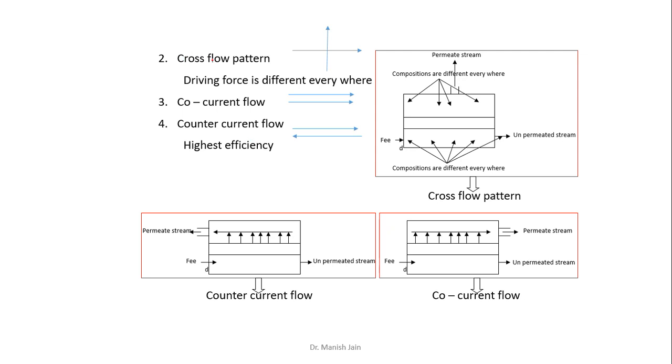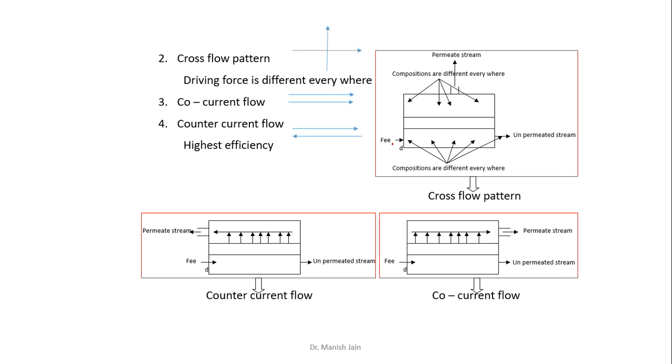Now the second type of flow pattern is the cross flow pattern. In the cross flow pattern, the feed and permeate flow in directions perpendicular to each other. Suppose feed flows in the x direction, then permeate may flow in the y direction or the z direction, and the different species present in the feed stream will permeate through the membrane in the third direction.